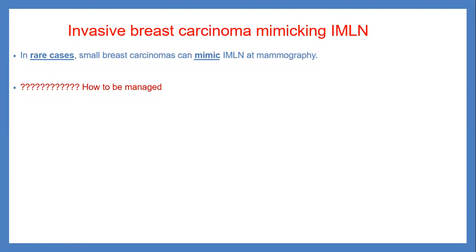If this comes to you, Yabir, in your clinic, you are reporting mammography and this intramammary lymph node comes to you with another suspected intramammary lymph node posterior and adjacent to it. How are you going to manage? Okay.